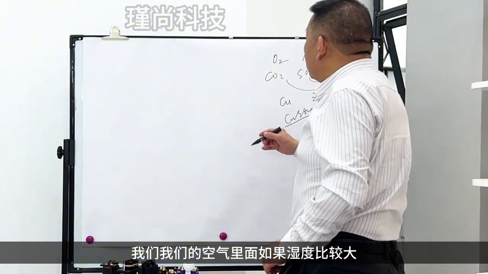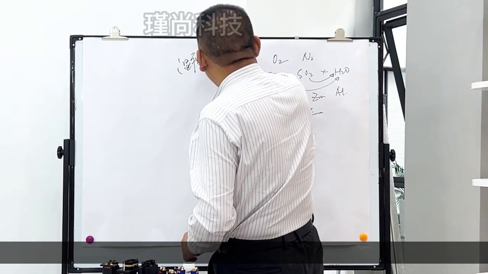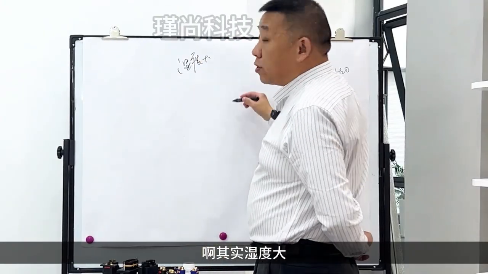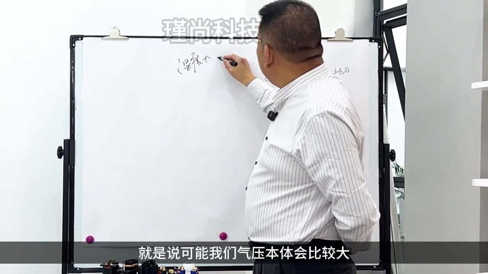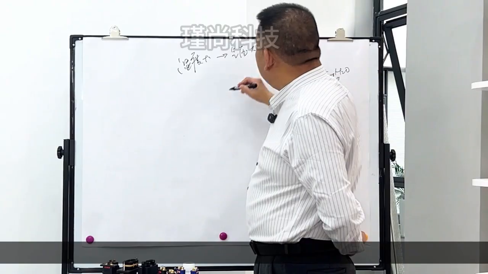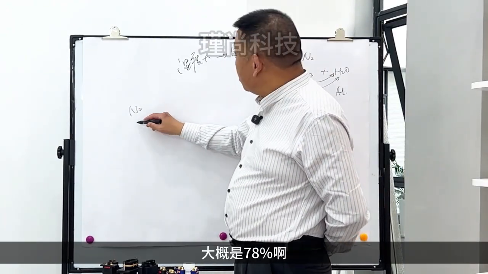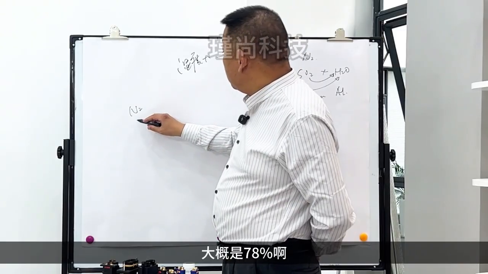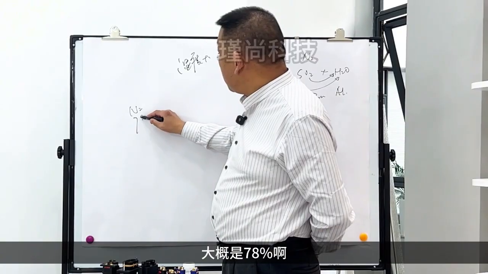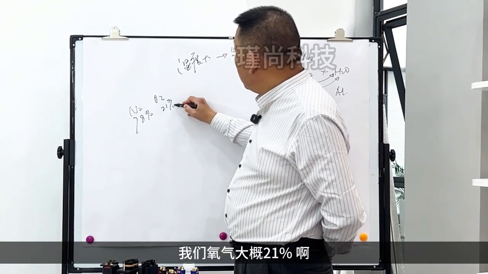Under normal circumstances, if the humidity in our air is relatively high, it actually means something else. That means maybe our air pressure itself will be higher. Because under normal circumstances, the nitrogen in our air is about 78%, oxygen about 21%, and the rest of the gas is about 1%.